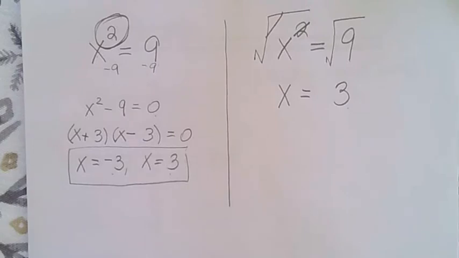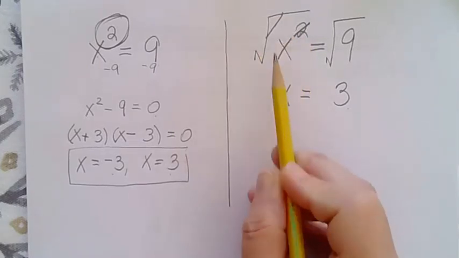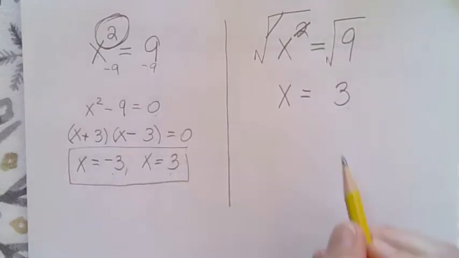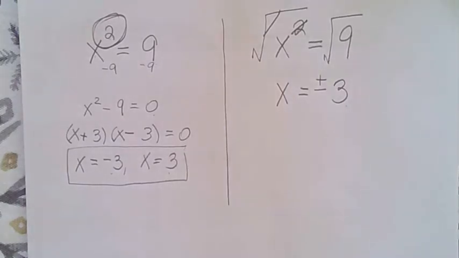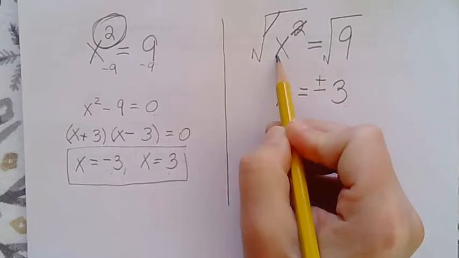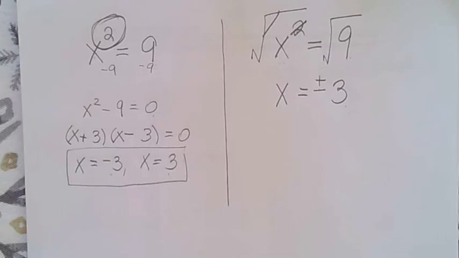But when you're solving an equation, a quadratic equation, by taking the square root of both sides, it is on us to remember that the answer is positive and negative 3. If you take negative 3 and plug it in, negative 3 squared, it's negative 3 times negative 3, yeah, that's positive 9 also.